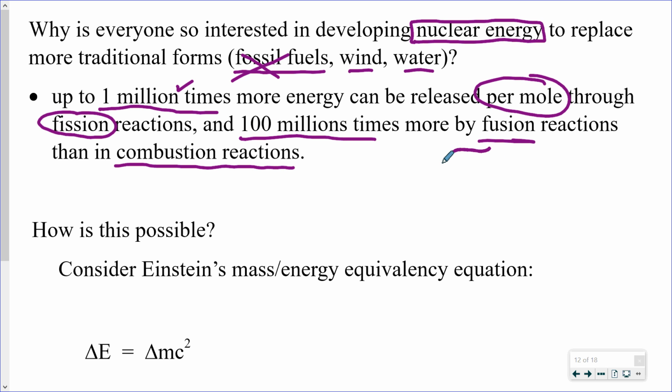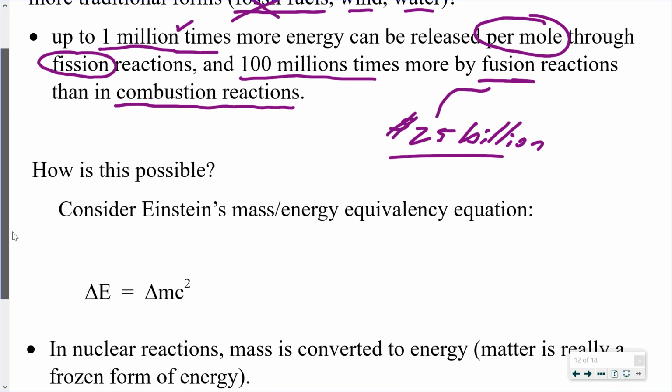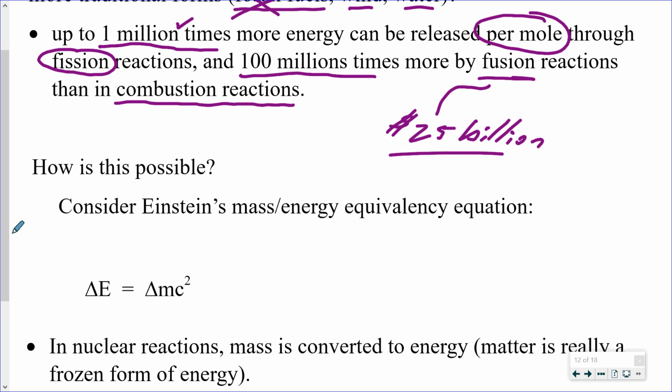Right now, as I speak, they are building in Europe a demonstration nuclear fusion reactor, and it is at a cost of somewhere on the order of $25 billion to build this one. And again, that is just going to be a demonstration facility to determine if it is feasible to actually go ahead and generate energy through nuclear fusion.